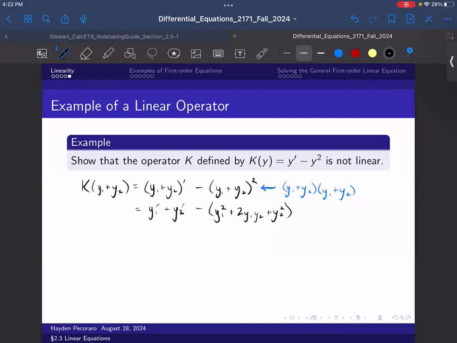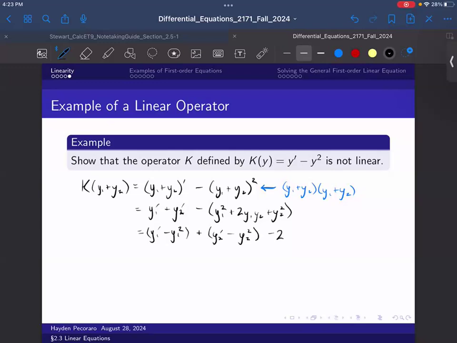Yeah, we just go ahead and FOIL things out. And I do see the terms that I want, y1 squared and y2 squared. So if I rewrite this a little bit, y1 prime minus y1 squared, not y2. Okay. Plus y2 prime minus y2 squared.